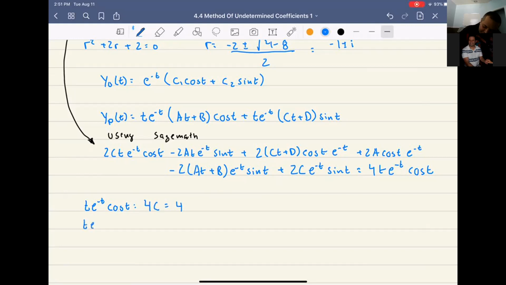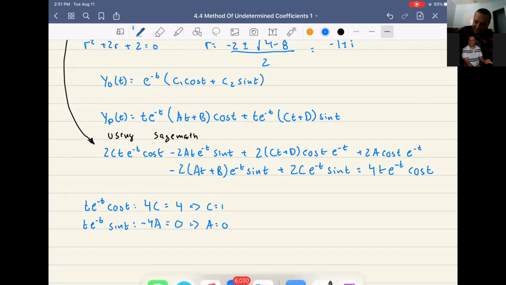Let's take e to the negative t sine t. We're going to have a negative 2a here and negative 2a here, so negative 4a equals 0. So we already know c equals 1, a equals 0. Now let's take e to the negative t cosine t on both sides.